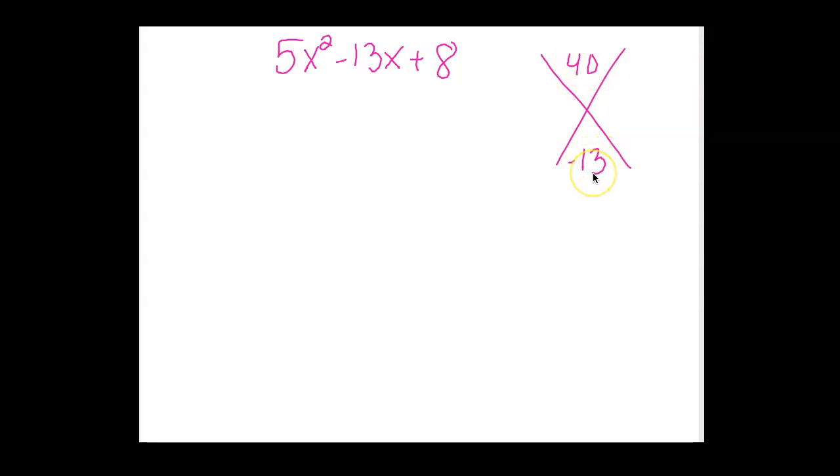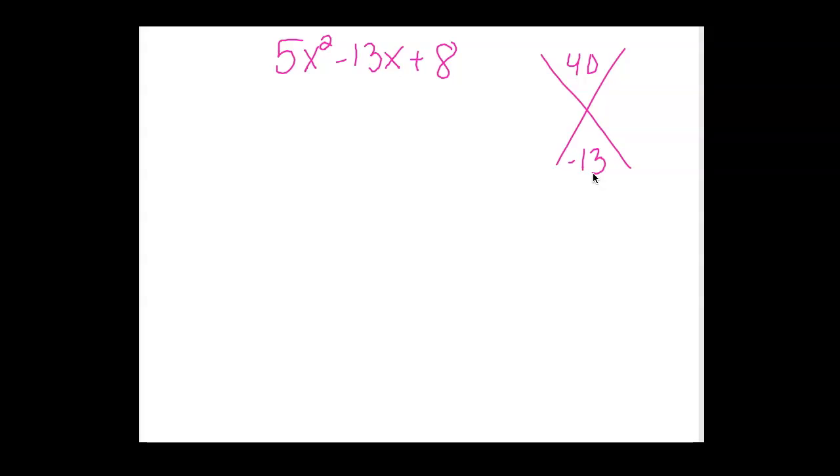So we have 5x squared minus 13x plus 8. Now my middle term is negative. When your middle term is negative and my last number is positive, both of my factors are negative.